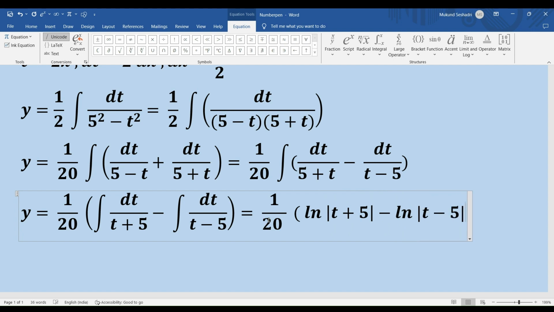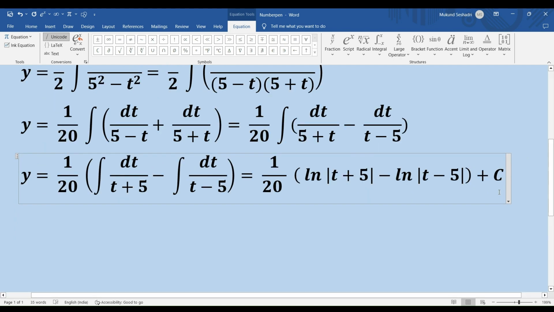Now some of the textbooks which will give you a ready formula will express this as mod of 5 minus t, right? It doesn't really matter whether it's a mod of t minus 5 or mod of 5 minus t. It is all the same as long as it is inside the mod, right? And then I have my constant plus c, right? I have this of the format ln of a minus ln of b, which is nothing but ln of a by b, right?